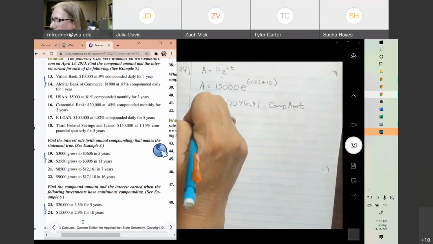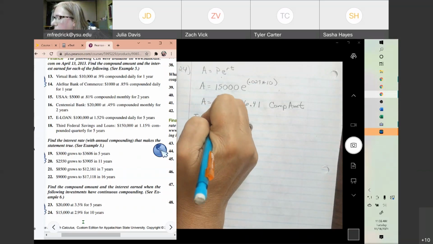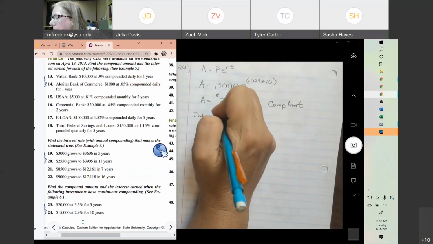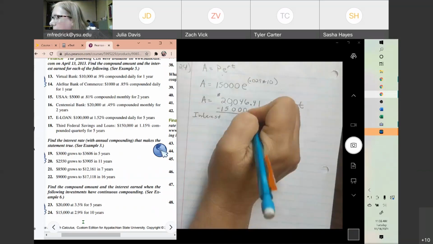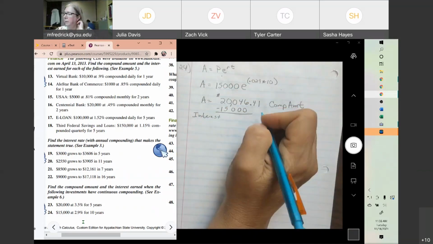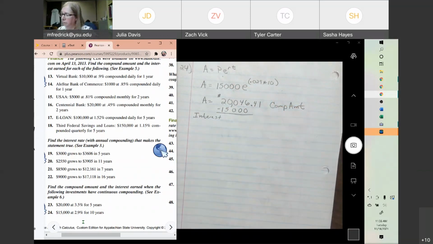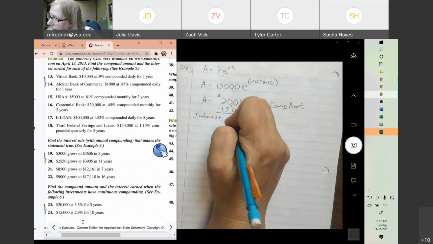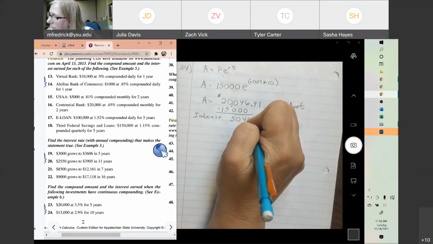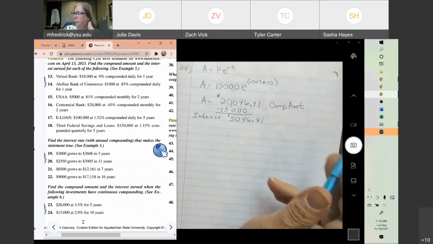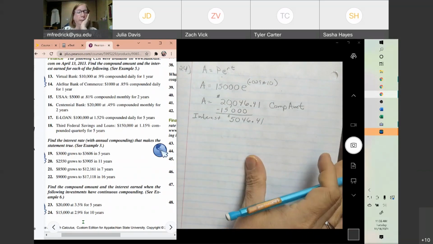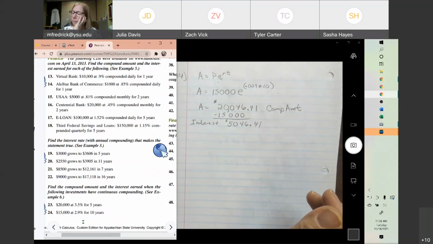To find the interest, we need to subtract the 15,000. So the interest is $5,046.41. Any questions on that?